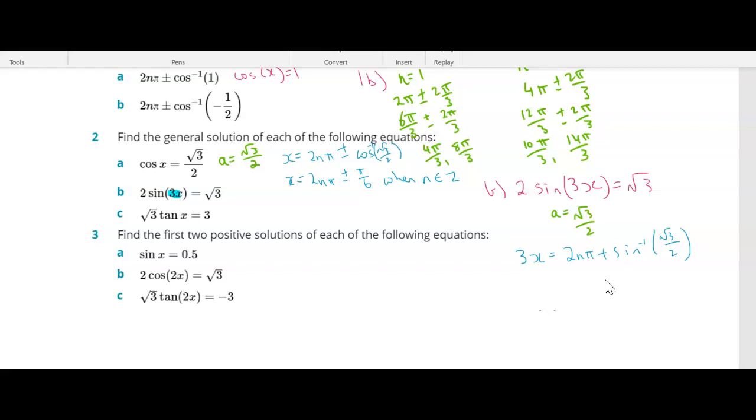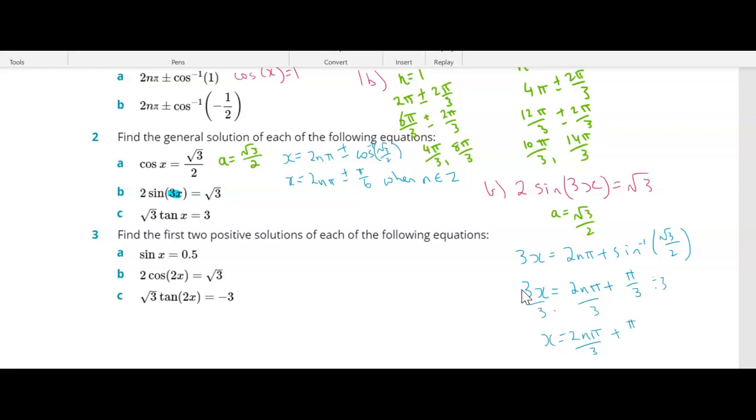So don't forget that 3x there. So 3x equals 2n pi plus pi on 3. Now, we do need to solve for x. So we've got to divide everything by 3.